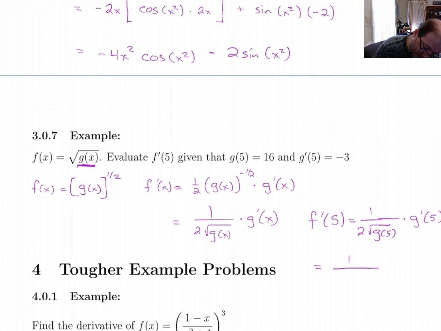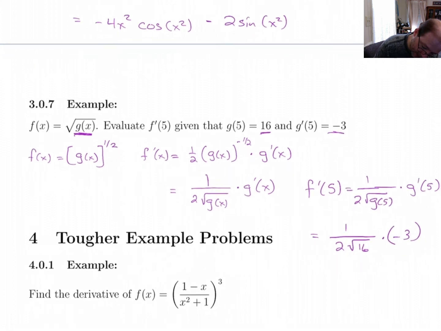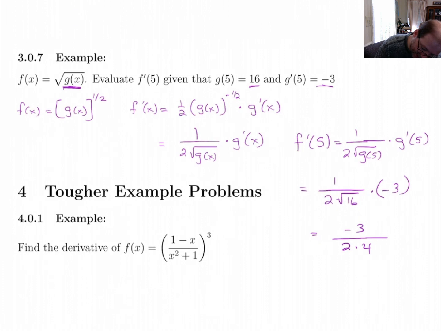And now I'm just going to plug in my numbers from above. Let's see, g of 5 was 16. g prime of 5 is -3. So I wind up with -3 on top and 2 times 4 on bottom. So my final answer is -3/8.